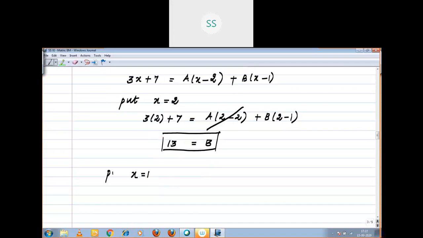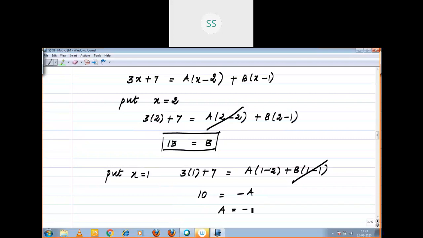Put x is equal to 1. 3 into 1 plus 7 equal to a into 1 minus 2 plus b into 1 minus 1. b has vanished. Here it becomes 10 equal to minus a. a equal to minus 10. Got it, children? Say yes or no.